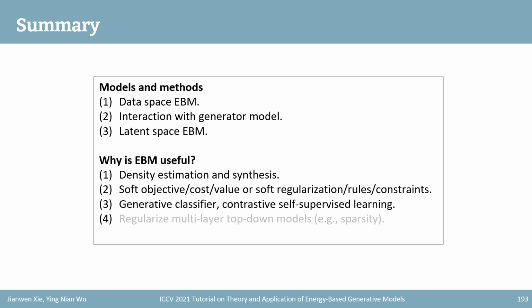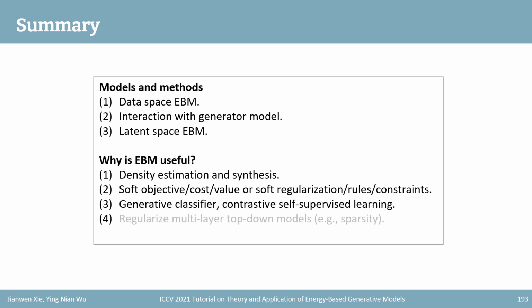For example, we studied cooperative learning and divergence triangle learning for the joint training of the energy-based model and the generative model, where the generative model serves as an approximate sampler. And we also studied the latent space EBM, where we move the energy-based model to the latent space, which seems to be an even more natural home for all those MCMC calculations.